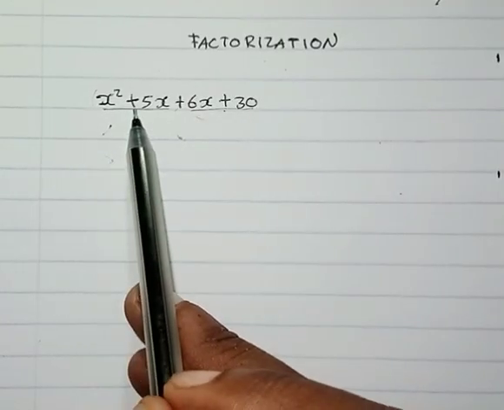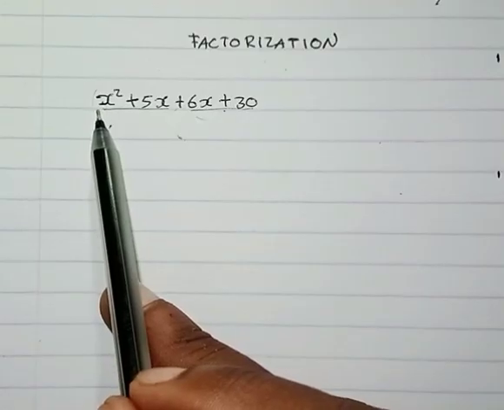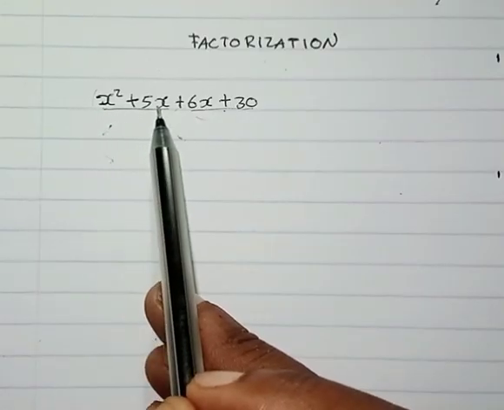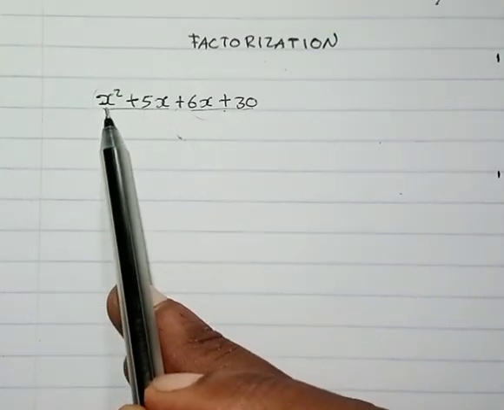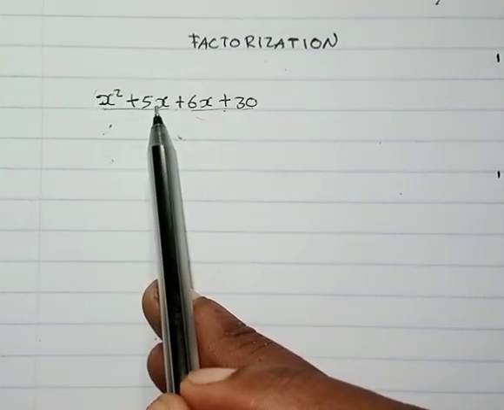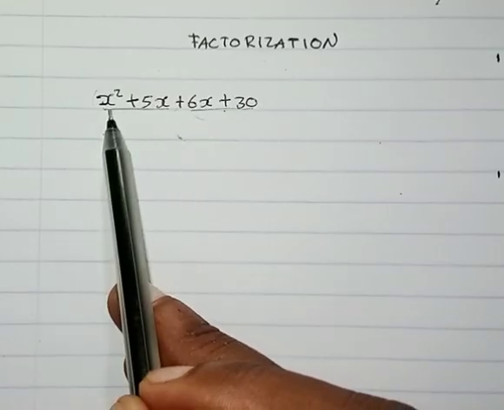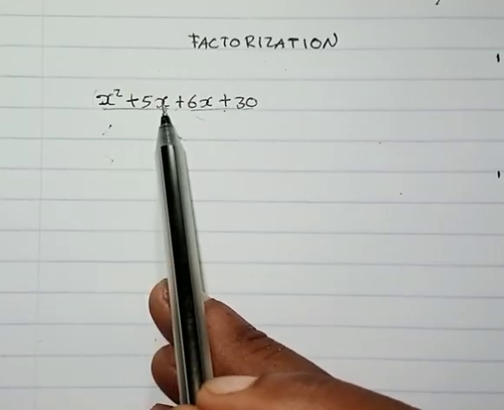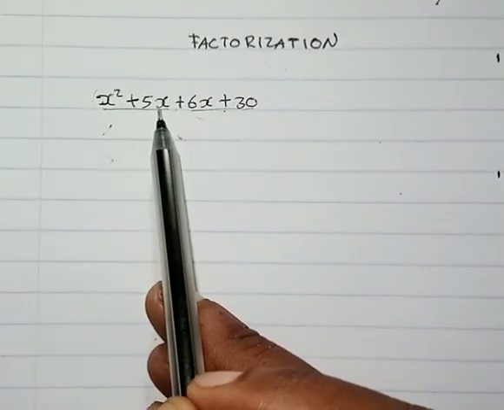To factorize this expression, we look at what appears on both sides of the sign. So the sign is plus. What appears on both sides? X appears on both sides. So which x do we factorize? The rule is simple.